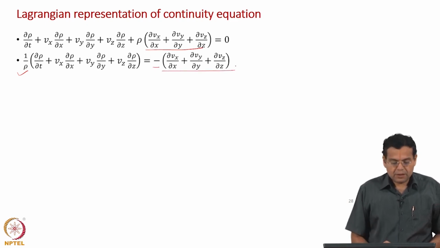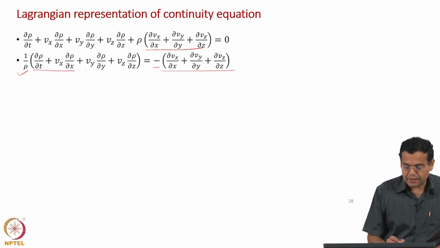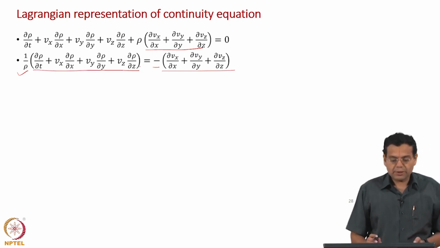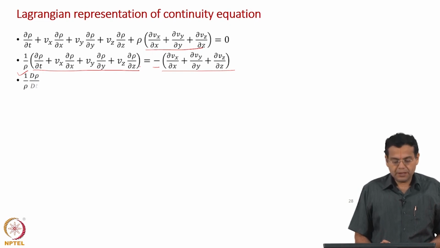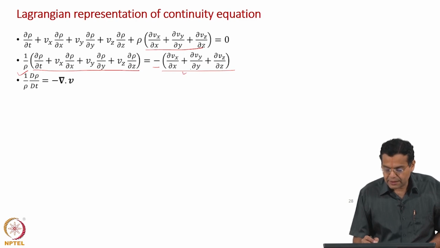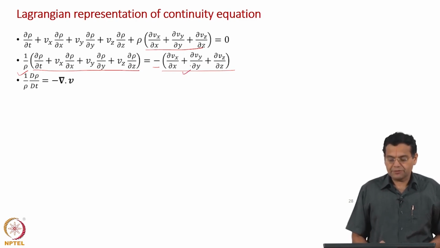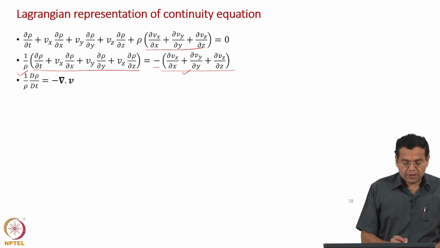Now, we can easily identify that these four terms together constitute the substantial derivative of density. So, 1 by rho d rho by dt, and this is very clear, it is the divergence of the velocity field, and of course, you have a minus sign.